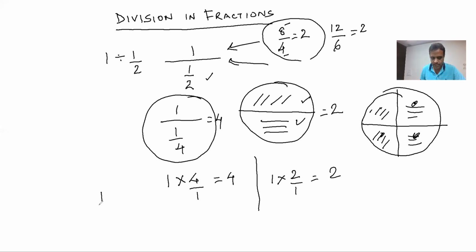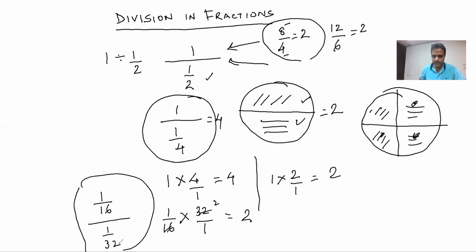So now if the fraction is say 1 upon 16 divided by 1 upon 32, I will simply take the numerator, which is 1 upon 16, put the multiplication sign, reverse the fraction in the denominator, and do the calculation, which is 2. The answer is 2. This is how the fraction division is done.